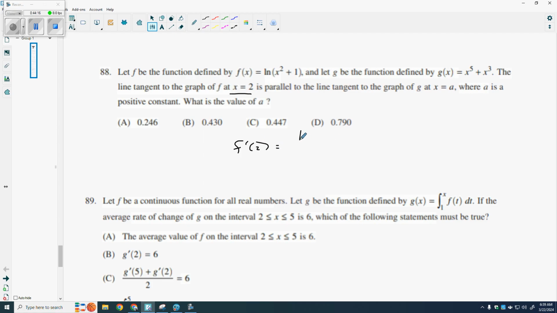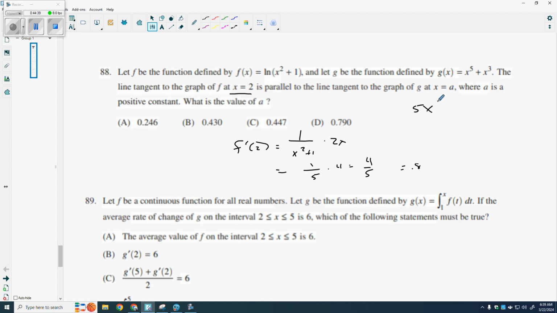We can do it with or without a calculator. I'm just going to really quickly do it without. 1 over x squared plus 1 times 2x. Plug in 2. I get 1 over 2 squared plus 1, which is 5, times 4, so I get 4/5, or 0.8.